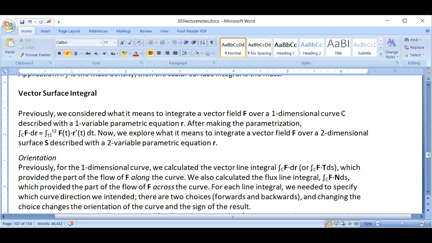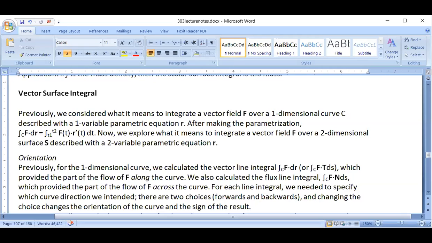Either way you write it, that provided the part of the flow of F along the curve. That's what that dot product did. We also briefly calculated the flux line integral, the integral over the curve of F dot n ds, where n is the unit normal vector, and that provided the part of the flow of F across the curve.